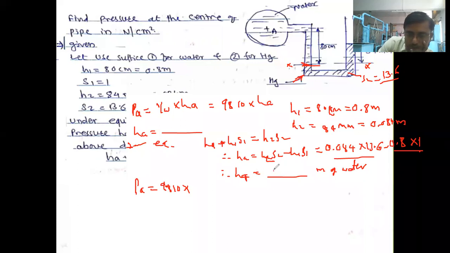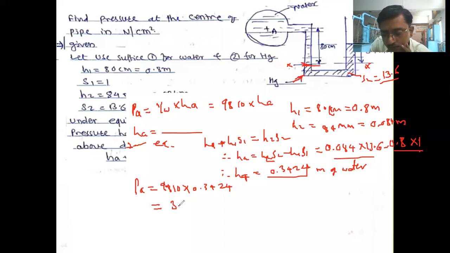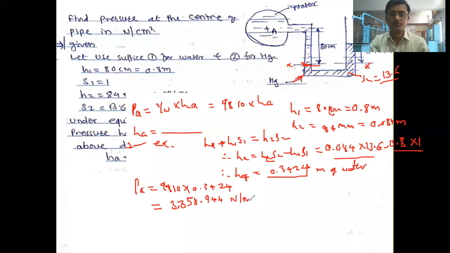Zero point... Did you get that? Yes, sir. What is the pressure intensity? 3358.944 Newton per meter square.